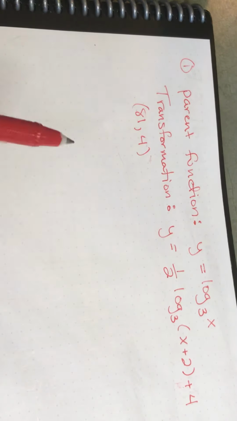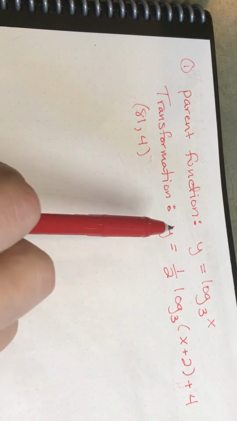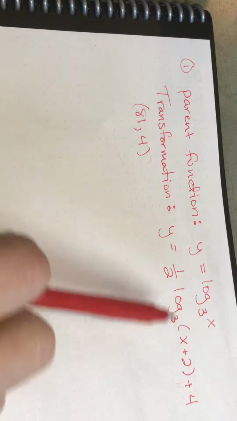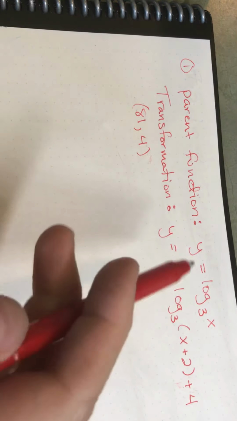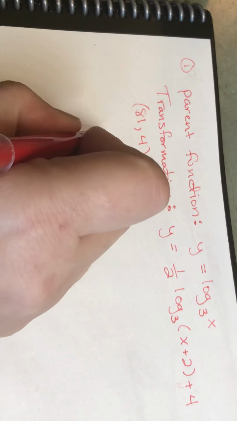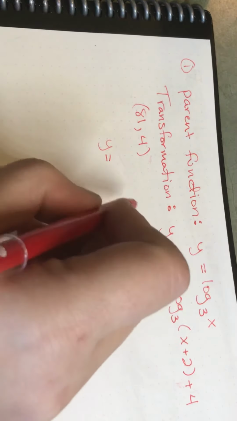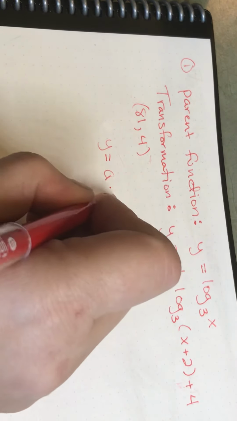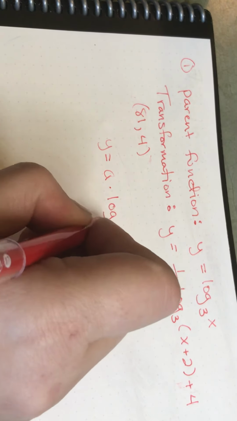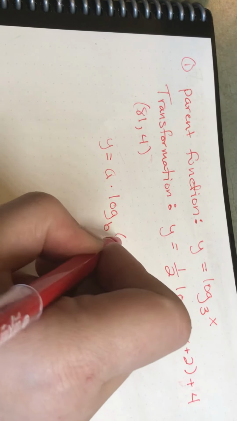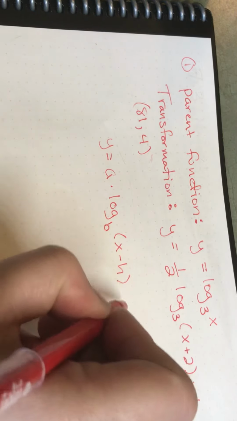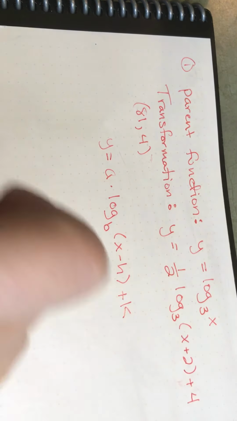looking at transformations. If we have a parent function and we have a transformation, then we need to think about the pattern. So y equals, this is a log function, so y equals a times log base b of x minus h plus k.